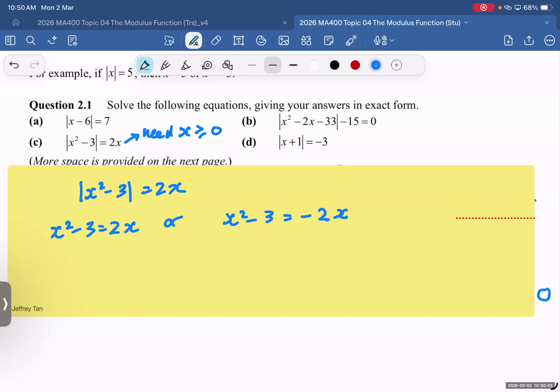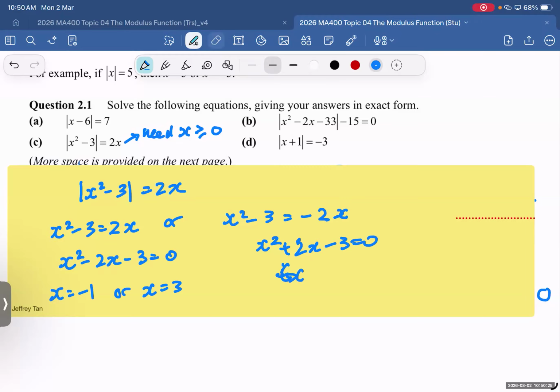After which this is x squared minus 2x minus 3 equals to 0, x equals to -1 or x equals to 3. The right hand side, I have x squared plus 2x minus 3 equals to 0. This gives me, if I factorize, sorry, you need to show the factorization.